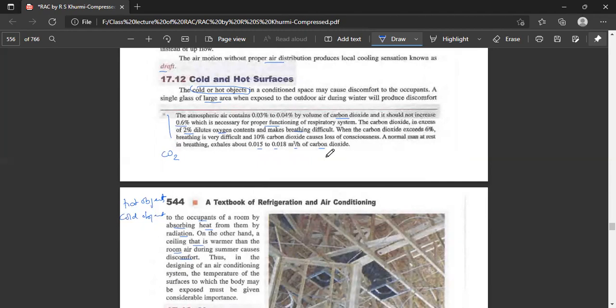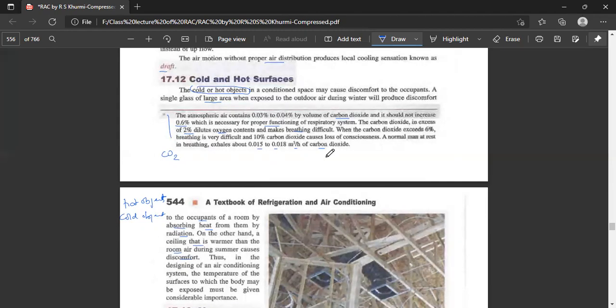So in winter, if we have a very large glass on one side of the room, this glass will absorb heat from the occupants by radiation.